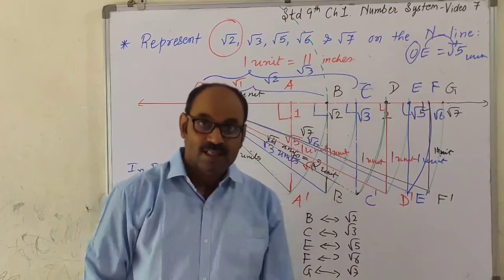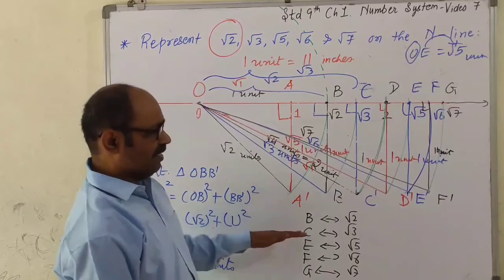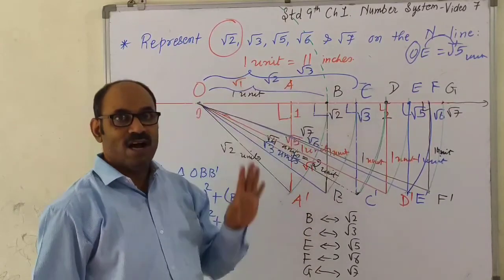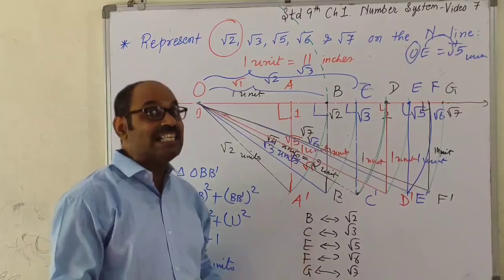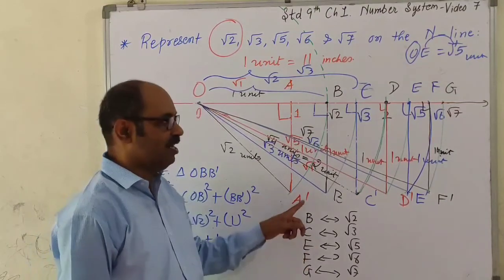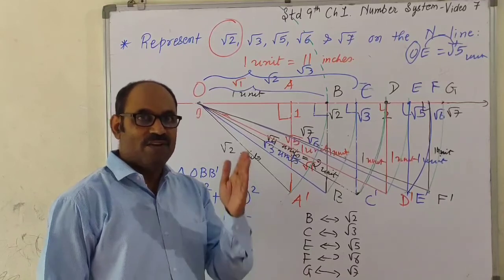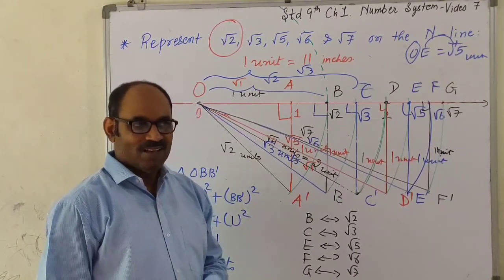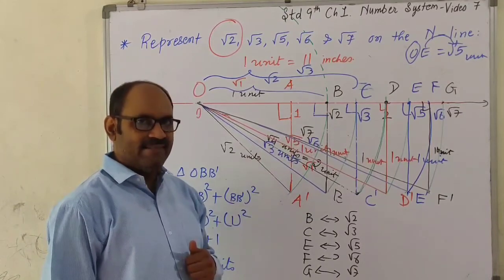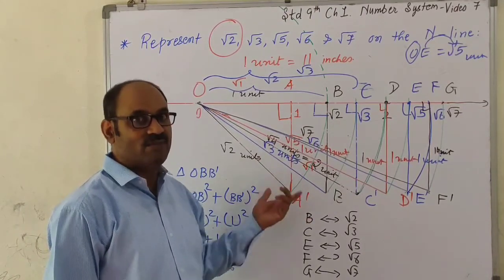All right, children. This is how the real numbers are represented on the number line. Which real numbers? Irrational. Please be careful. Irrational numbers which are having non-terminating, non-recurring decimal expansion. I'll do this again by another method as well. This is one method.